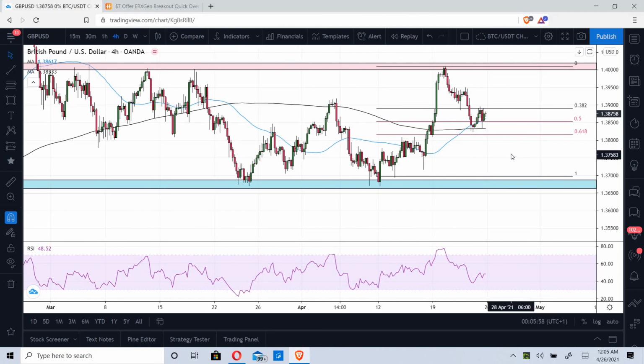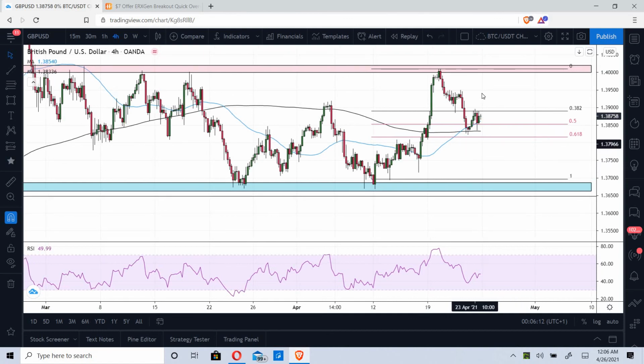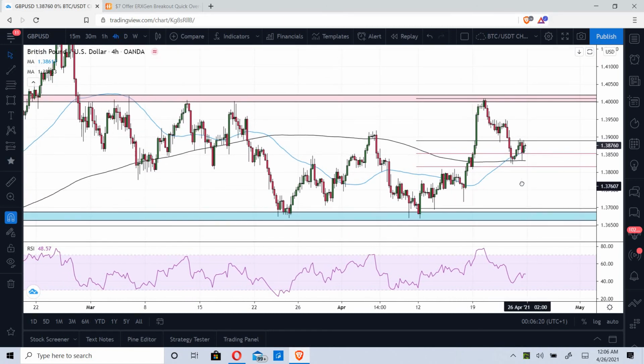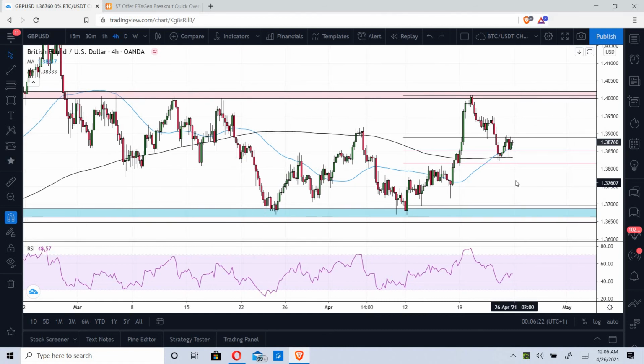When this market resumes on Monday, we'll be looking forward to setting it slightly below this level here. And our take profit is going to be here. This market should give us a risk to reward ratio of over 1:3, and for me, it's a very profitable risk to reward ratio.